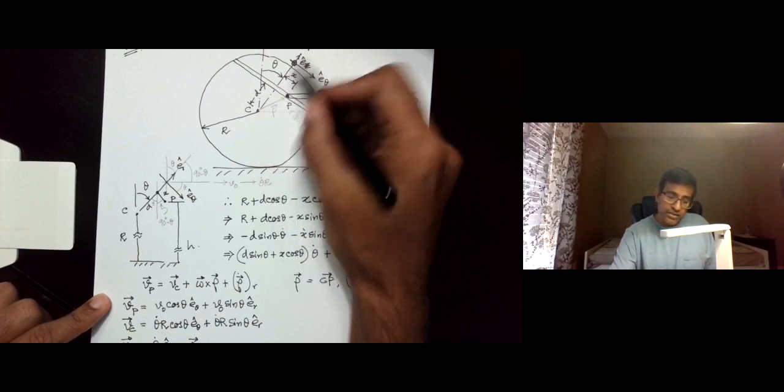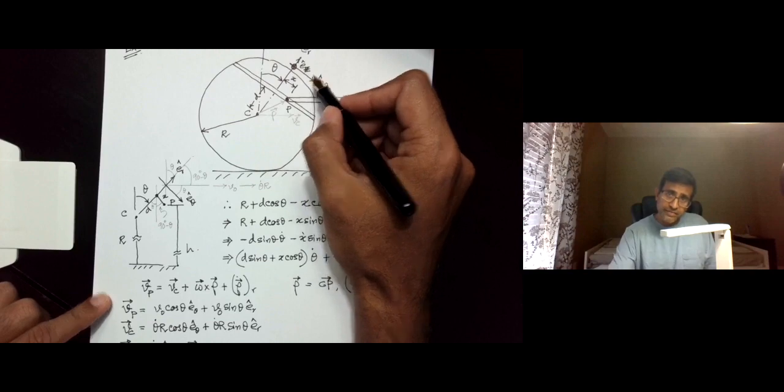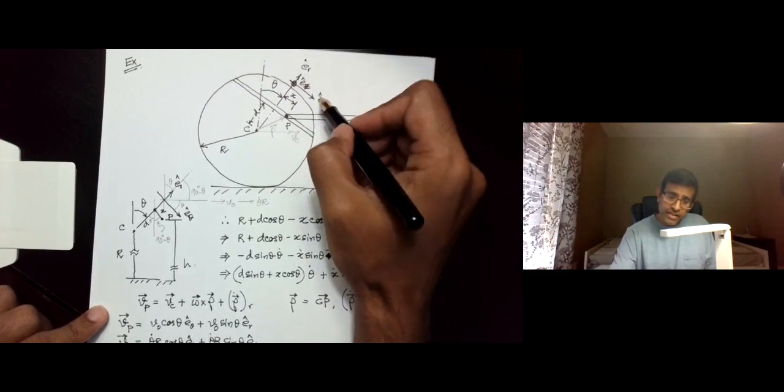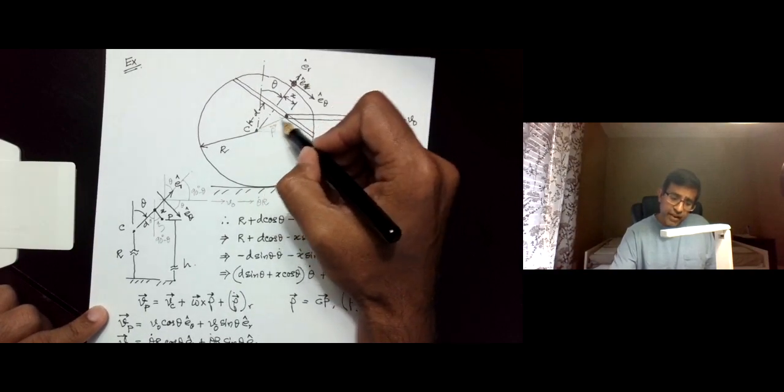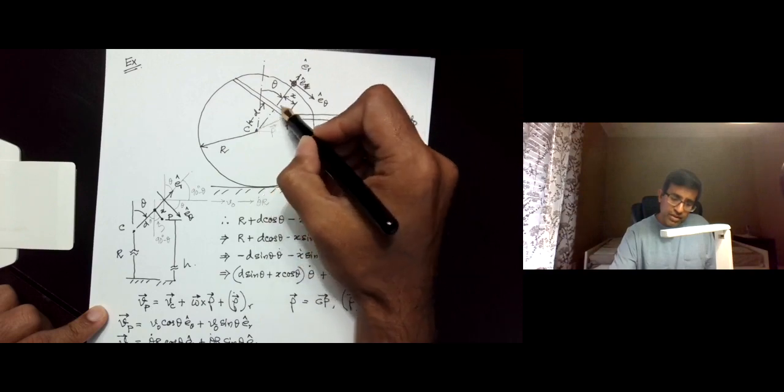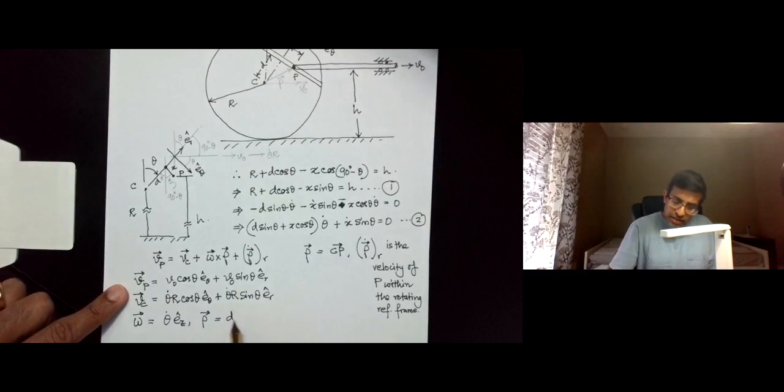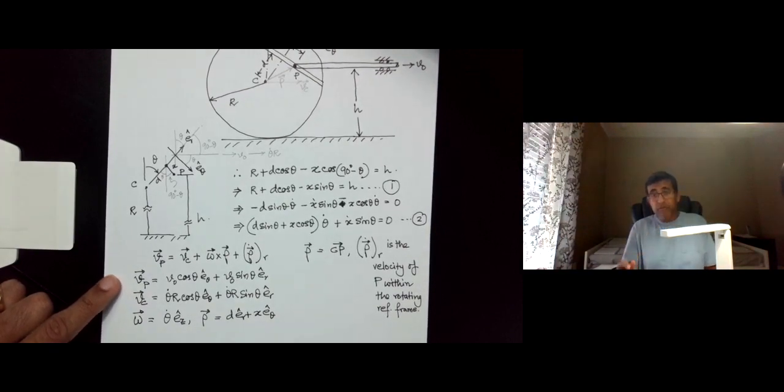So you can express it using these two unit vectors, ER and E theta, by saying that the vector rho is d times ER plus x times E theta. So we have figured that out.